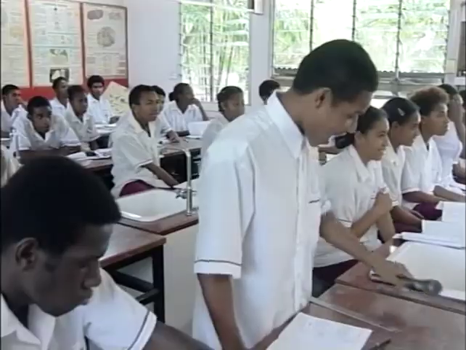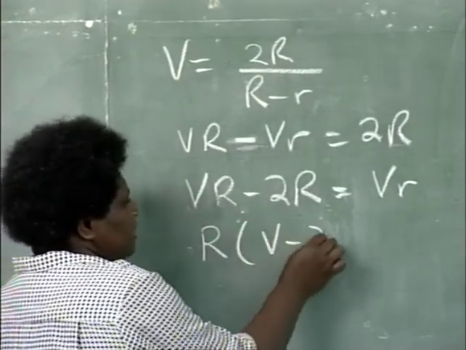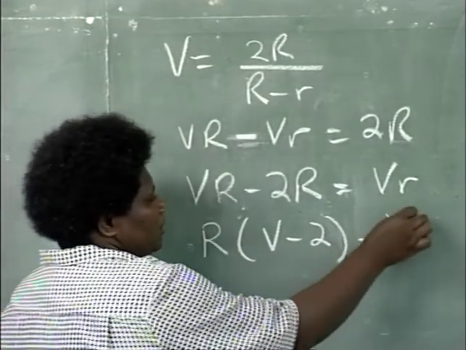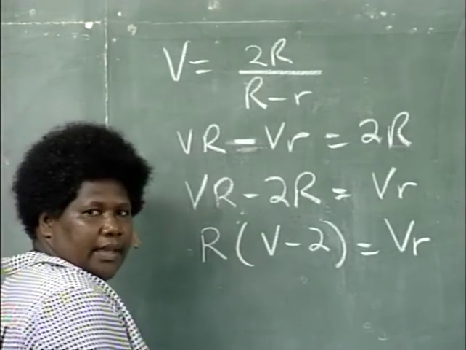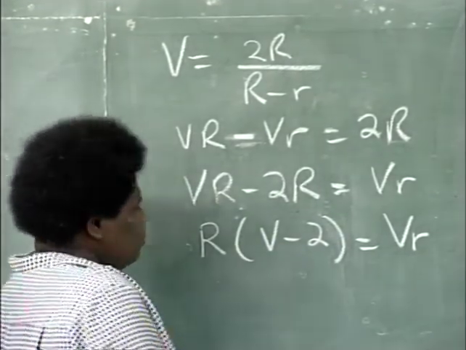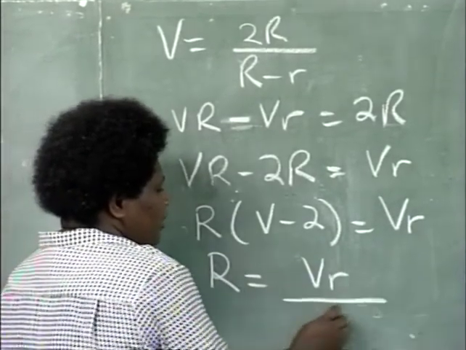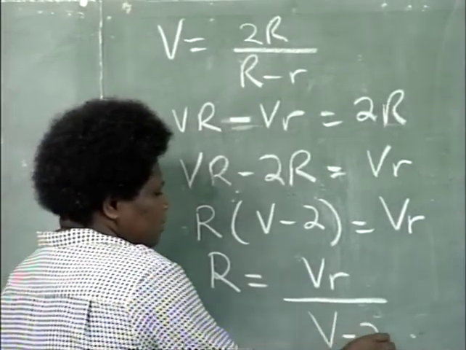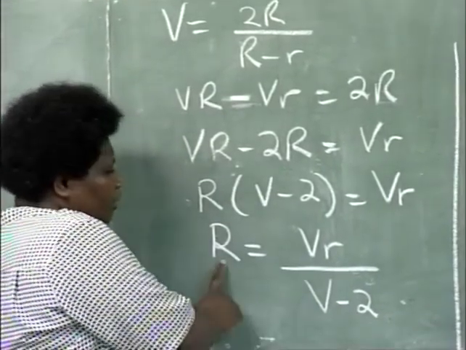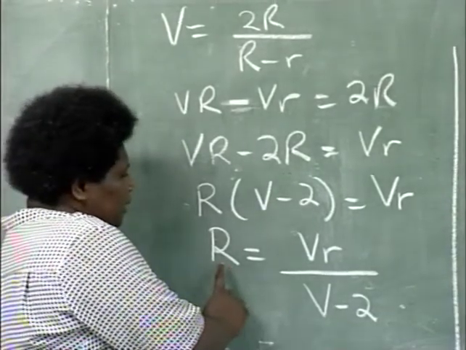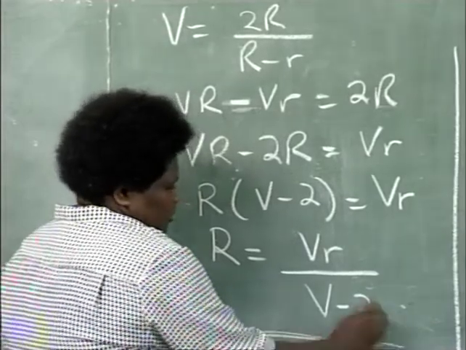A common factor is R. I have V minus 2 times R equals VR. Now I can divide by V minus 2. So R equals VR over V minus 2. Now I have only one capital letter R. There is no other capital letter R. So this is the formula for R.